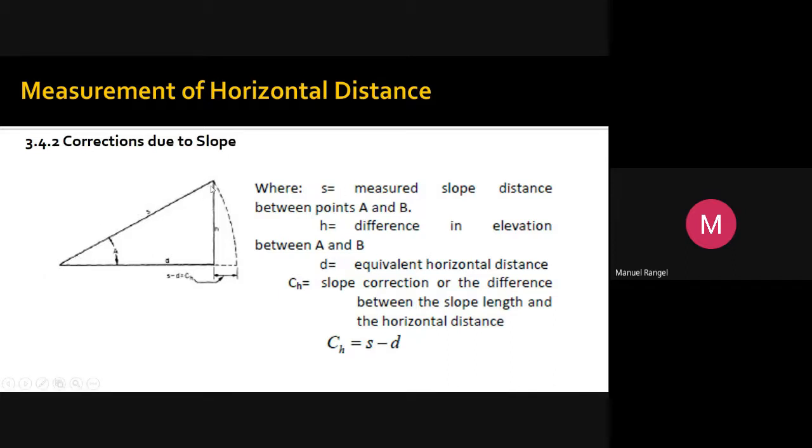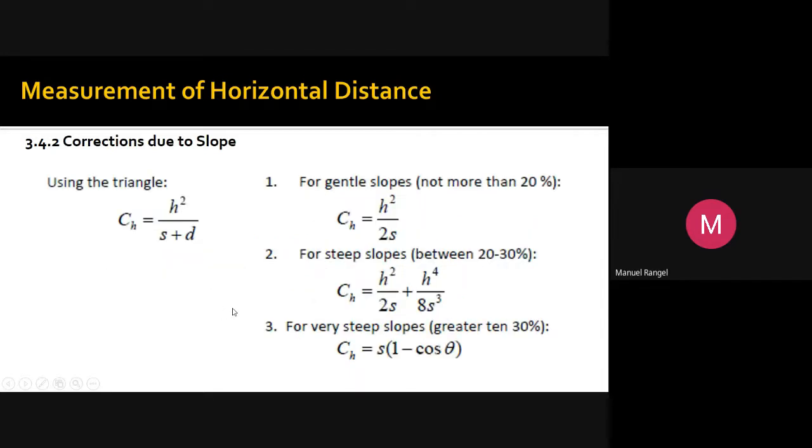Imagine this is a circle and this is a radius, so in any part of the circle the total is equal to S. So S minus D is equal to CH. That is how it is obtained.